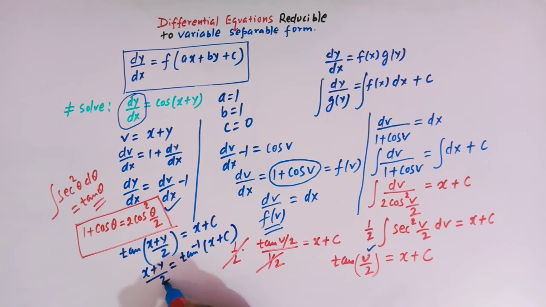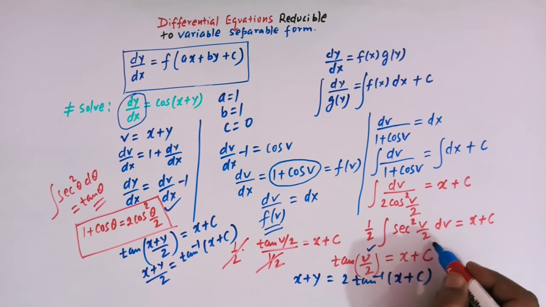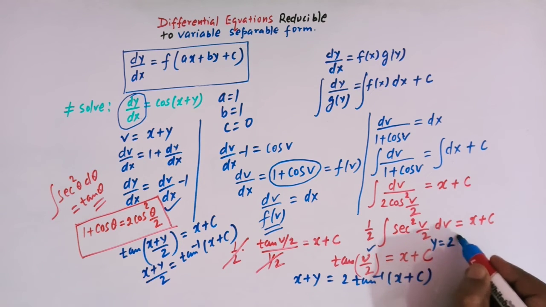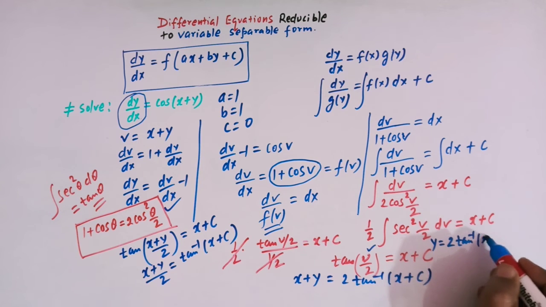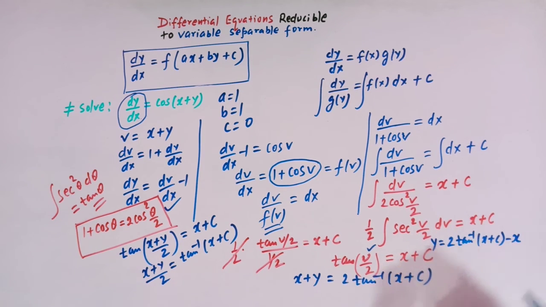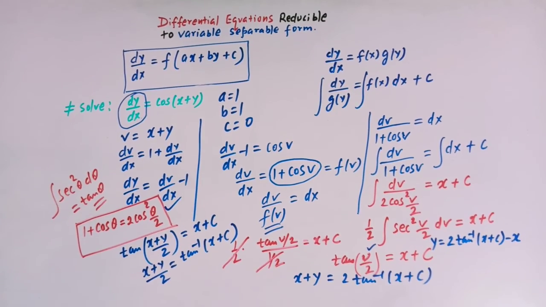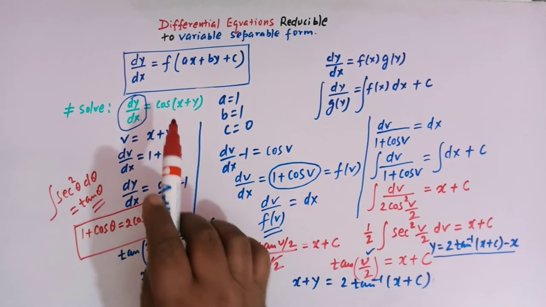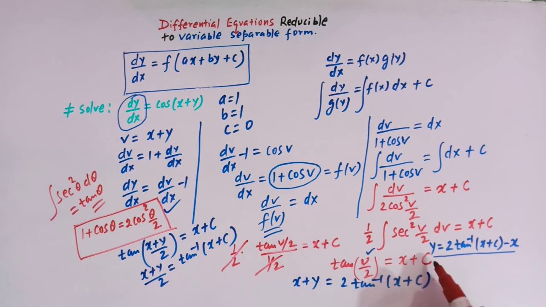Multiplying this term by 2, we can write x plus y is equal to 2 times tan inverse of x plus c, and taking this x to this side, we can write y is equal to 2 times tan inverse of x plus c, minus x. So viewers, the solution of this differential equation is given by y is equal to 2 times tan inverse of x plus c, minus x.